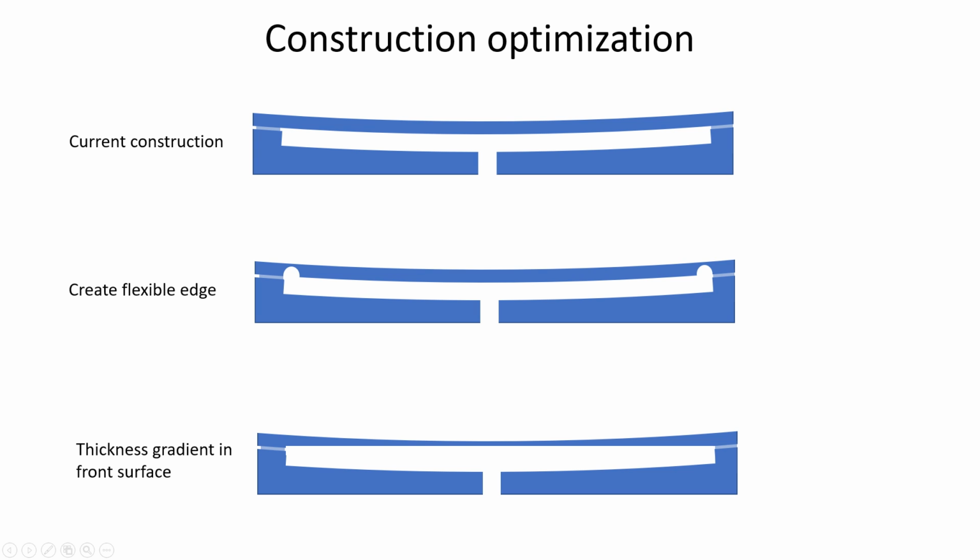A more constant Strehl ratio could maybe be achieved by making the front surface thinner or more flexible in a specific region, like on the outer perimeter, or maybe it's best to add a thickness gradient to the front surface. The bottom line is that it would take a considerable optimization effort to make a device that has a constant Strehl ratio over a large pressure range.